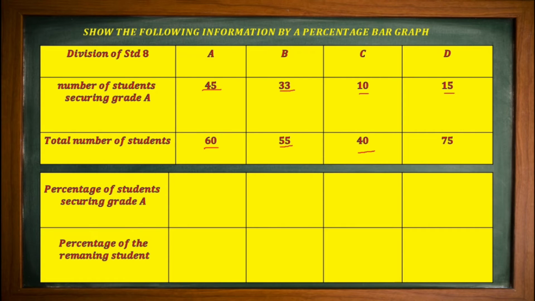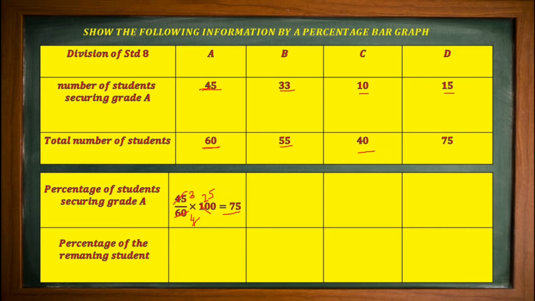So first we find the percentage of students securing grade A. 45 upon 60 into 100: 15 threes are 45 and 15 fours are 60, so it is 3 upon 4 into 100, and 4 twenty-fives are 100, so 3 into 25 is 75.